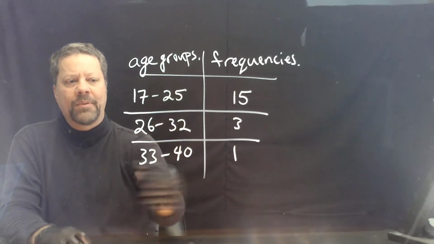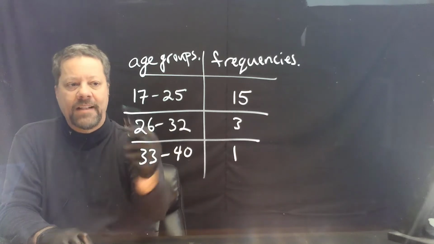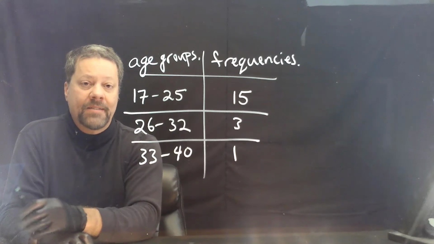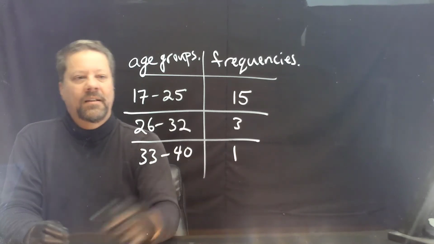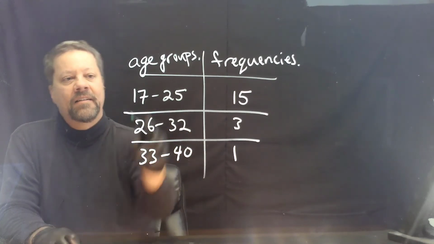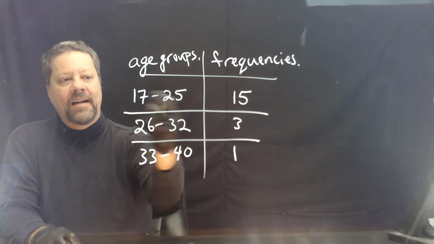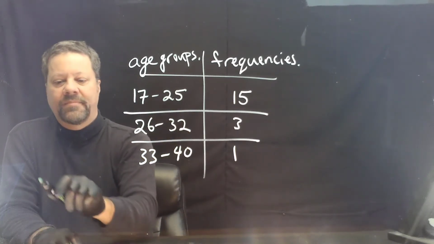So here we have the labels for each group, and then we have the number of individuals within each of these age categories. Notice that these categories are defined to have a range of values. We have a lower class limit and an upper class limit.